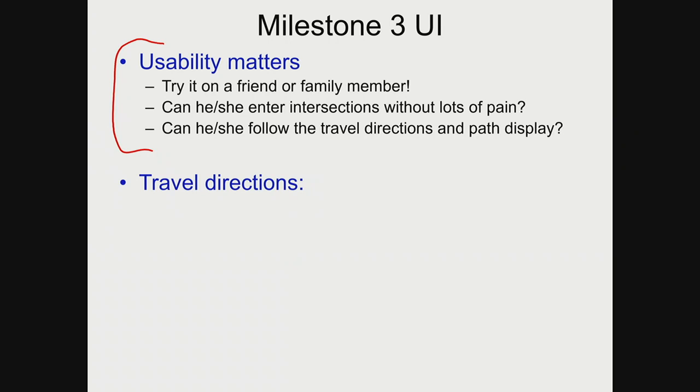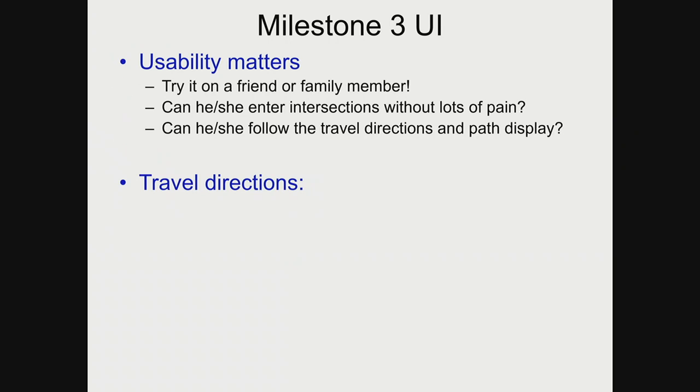Can that person enter these intersections and click on these intersections without a lot of pain? Can he or she follow the path directions and the path display, or do they get confused? Do they need a lot of guidance where they're asking you questions? Your ideal is you just give them the user interface and they just figure it all out. So test that on somebody who's not on the development team.